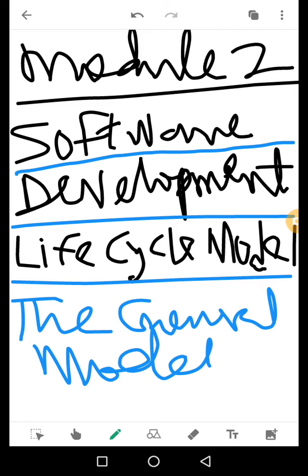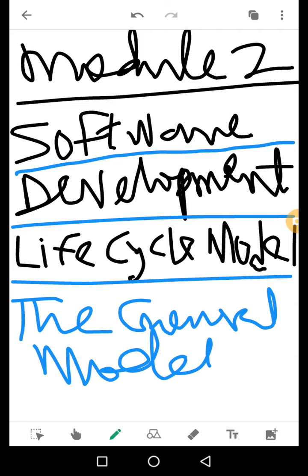That is, this general model has 4 phases. Phase 1 is the requirement. Phase 2 is the design. Phase 3 is the implementation or coding. And the last phase, testing.